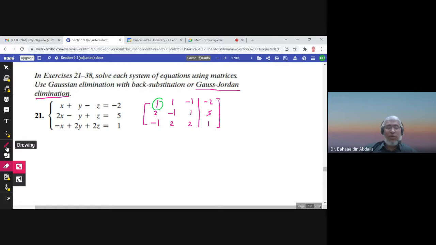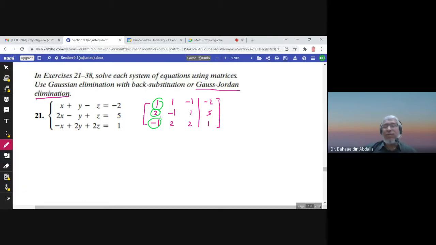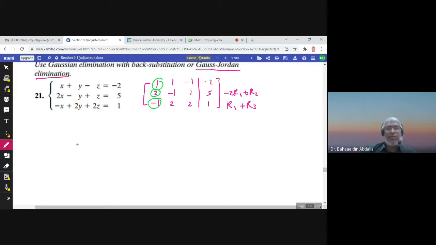Use this one to make these numbers now zeros. All right. How? Anybody knows the transformation? This is 2. So negative 2 R1 plus R2. And I write it here. This is negative 1. So 1 times R1 plus R3. All right.